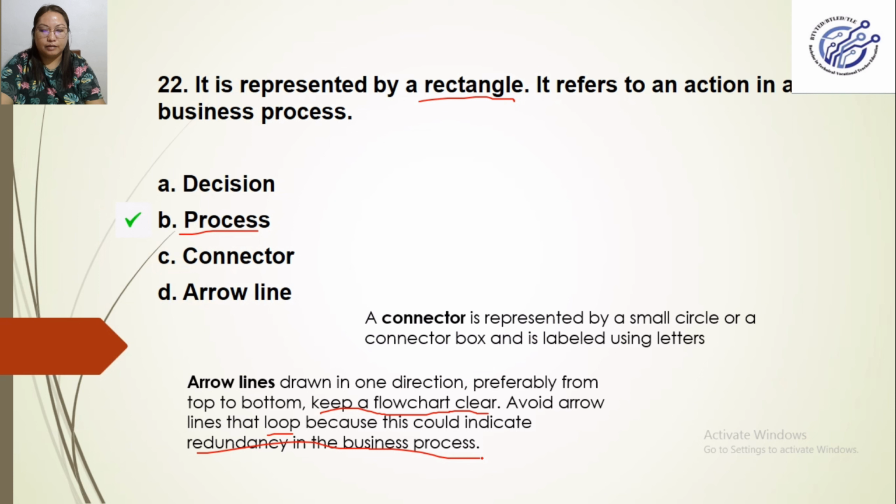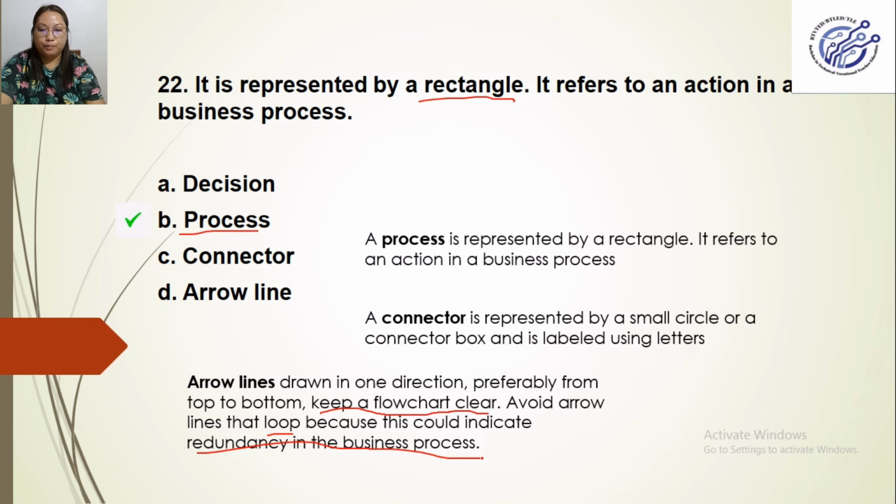Connector is represented by a small circle or connector box and is labeled using letters. Then, process is represented by a rectangle. It refers to an action in the business process. So, ito po yung sinasabi ng ating, tinatanong po sa ating question number 22.